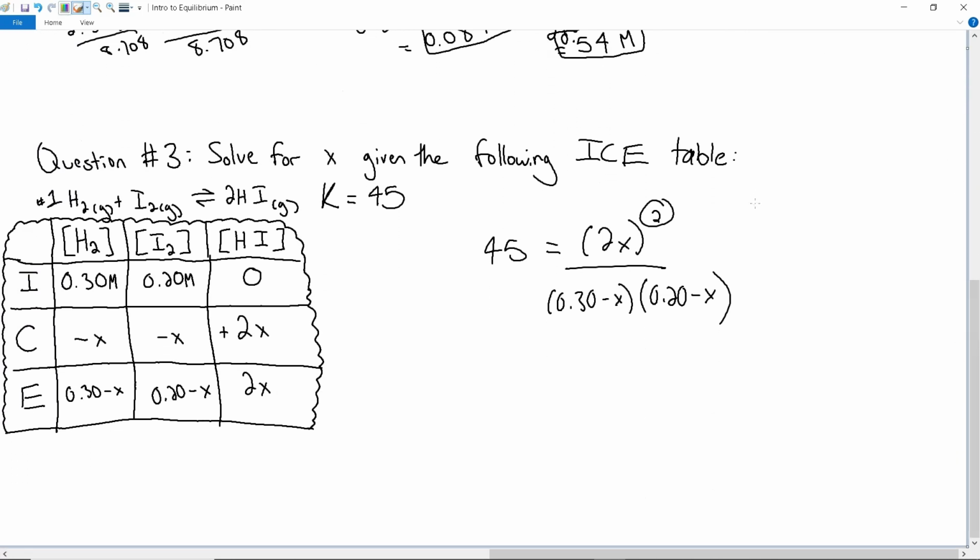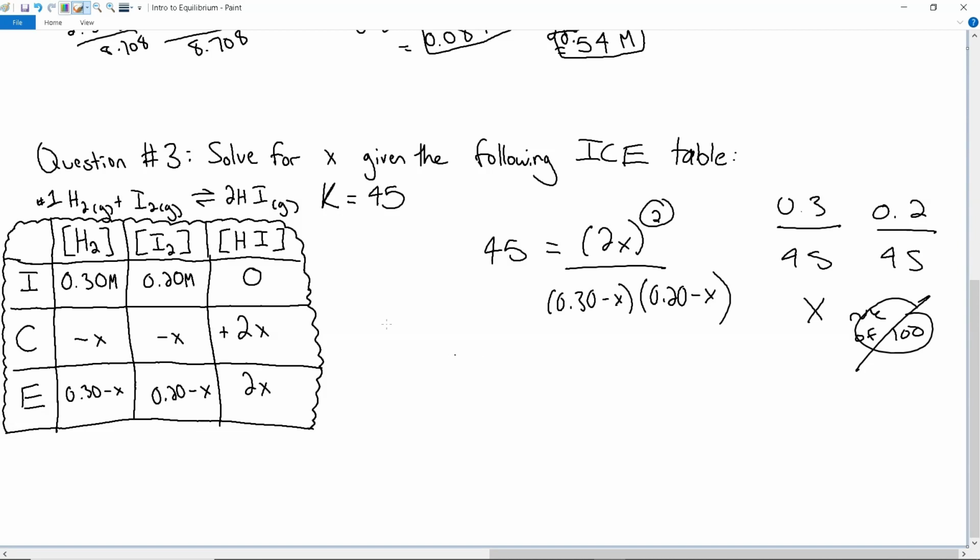And we also can't follow the rule of 100 because if I take either 0.3 or 0.2 and divide it by 45, neither of these follow the rule of 100. So we can't do that. Unfortunately, what we are going to have to do is expand everything here and set up a quadratic.